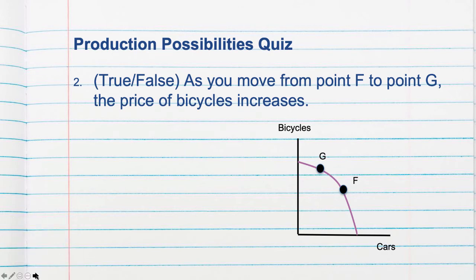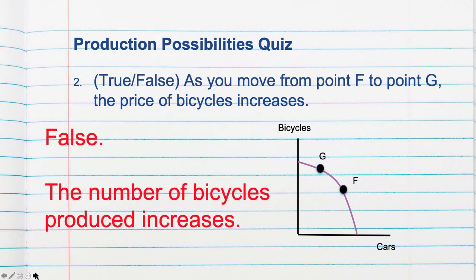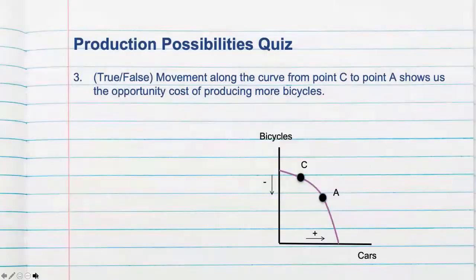All right, 5 seconds. 4, 3, 2, 1. Oh, no, it's not. We have no information about price. What we do know, however, is that we were producing this amount of bicycles and now we're producing this amount of bicycles. So we know that we are increasing the quantity produced, but we've got no information about what their prices are.